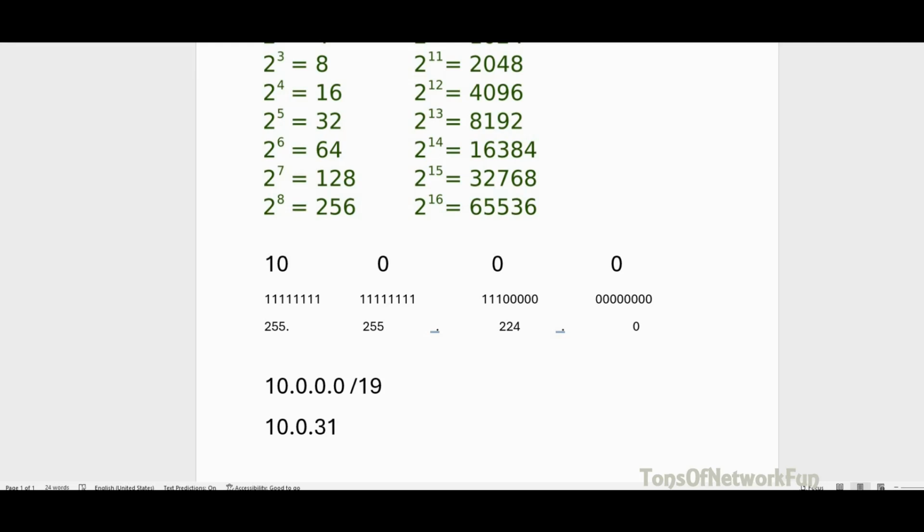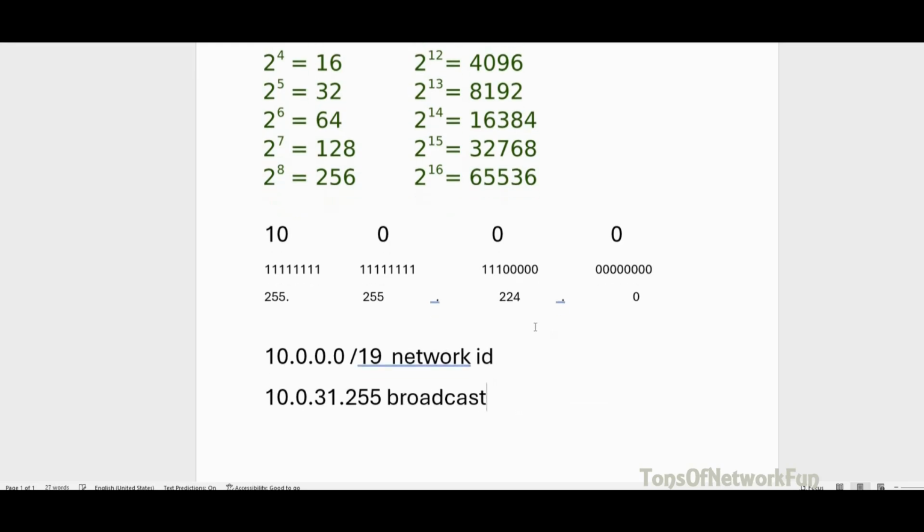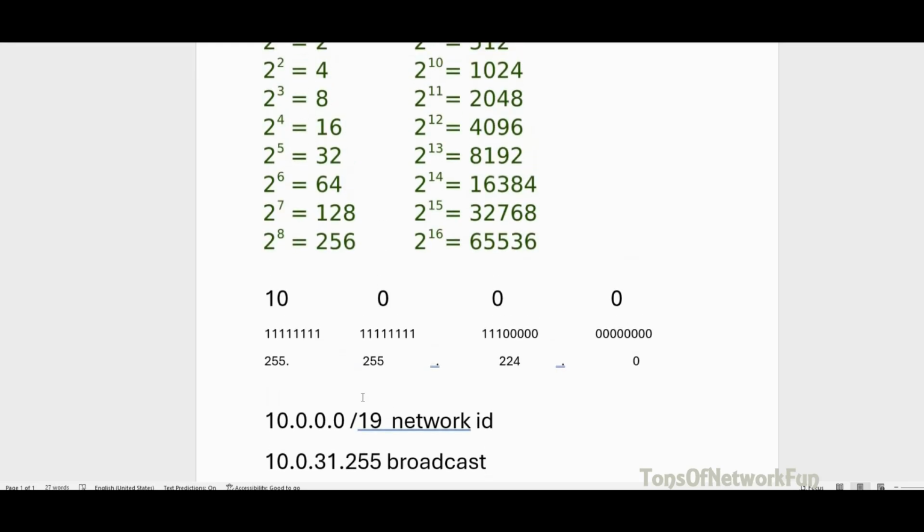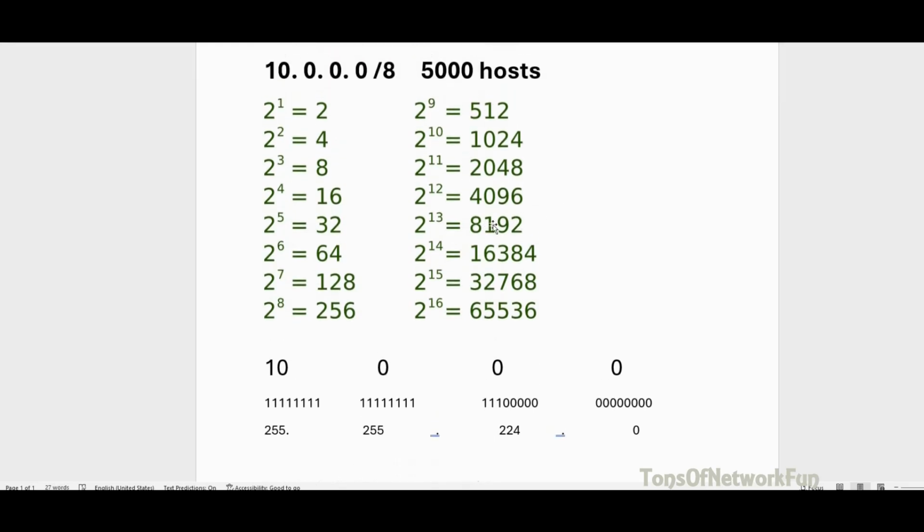We cannot take the entire 32, 32 will start on the next subnet. So minus 1 is 31.255. This is the broadcast address. This is the network ID. And what's in between will give us this many addresses, 8192.